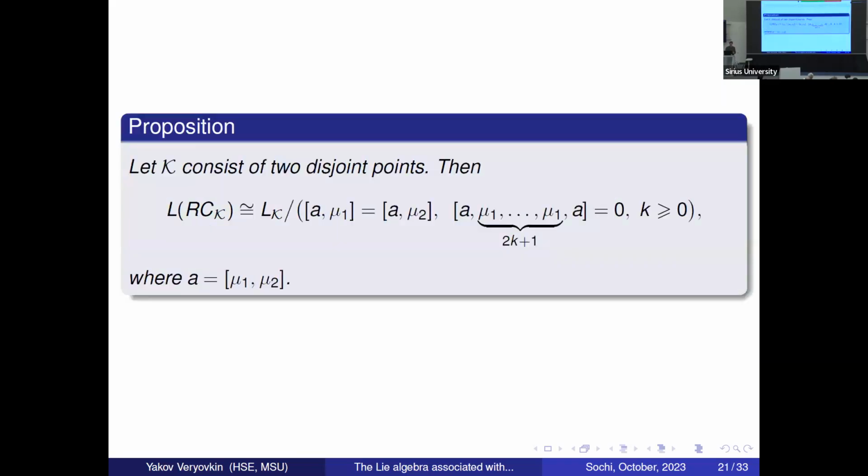Proposition: let K consist of two disjoint points. Then L(RCK) is isomorphic to this quotient by these infinite relations, where A is the bracket.